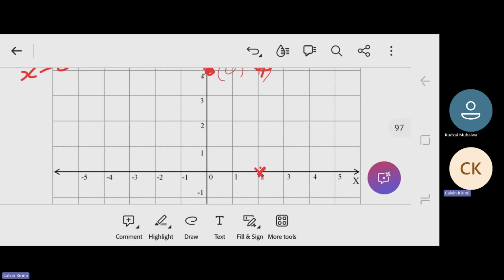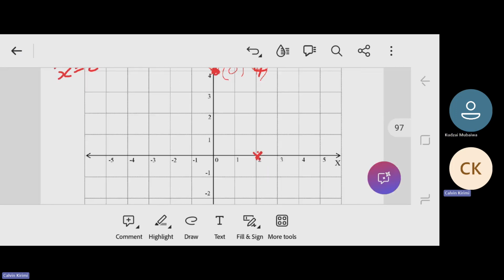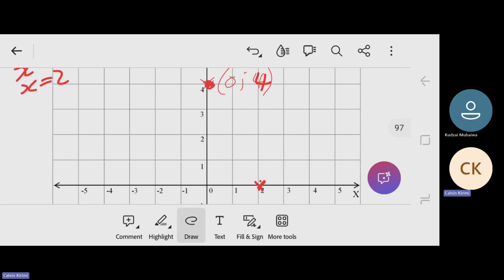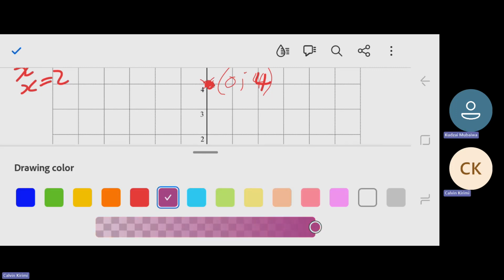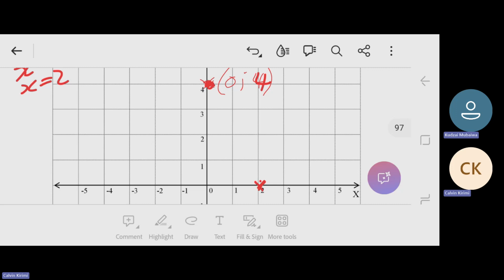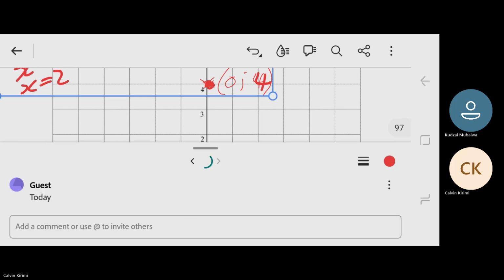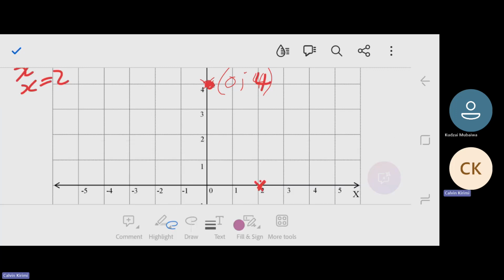Okay. Then what you do, you join those 2 points with a ruler, not with a free hand. You join those points with a ruler, like that.